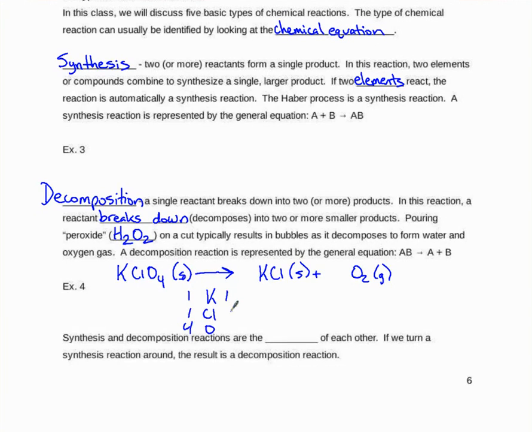Over here, 1 potassium, 1 chlorine, and 2 oxygens. And so we look at this one, and really the only thing that is wrong with it is the oxygen. And so we need this to be 4, which means we're going to add a coefficient of 2.